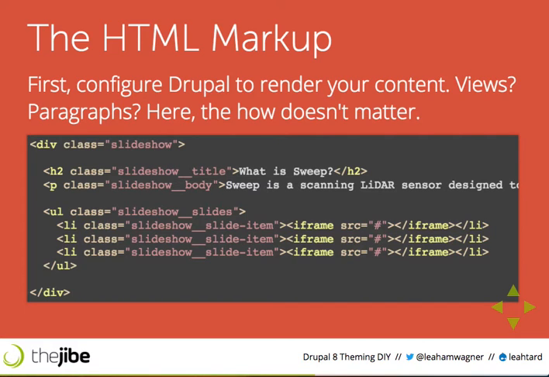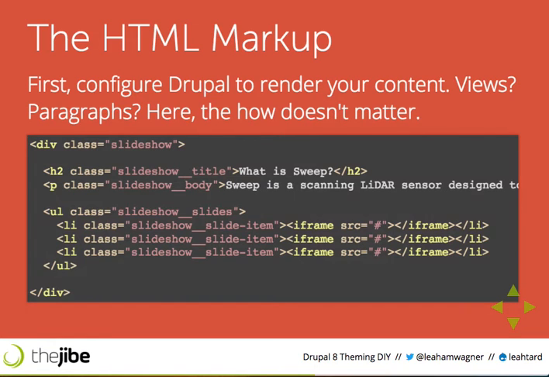So this is the code I wanted Drupal to output for this slideshow. And Twig makes this really nice. In Drupal 8, that's another big win for Drupal 8, getting full control over your output is a lot easier.